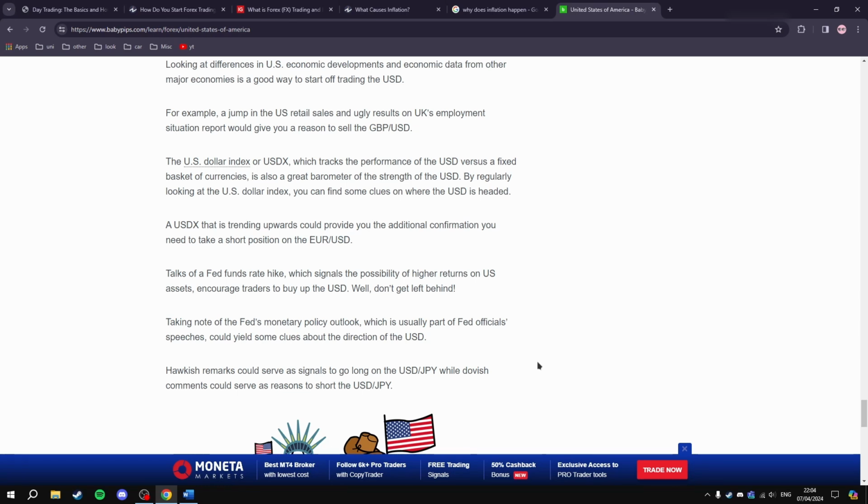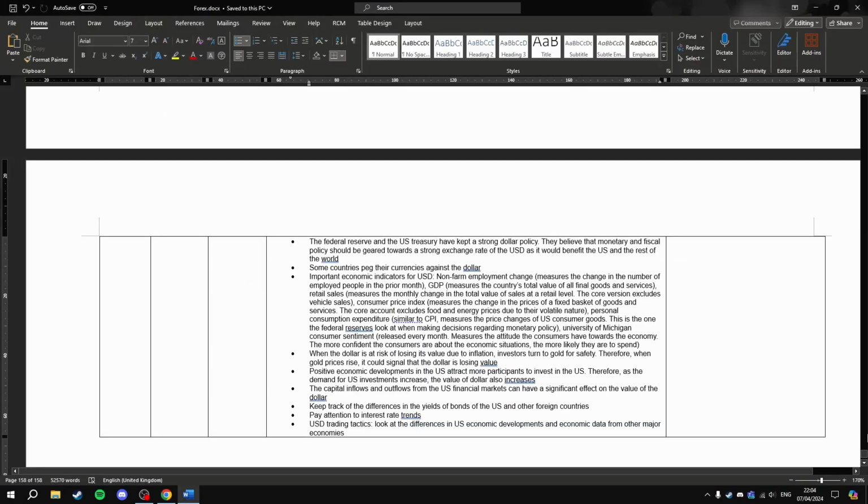If they're willing to spend more due to their confidence in the economy, that means the economy is doing well. So people are less inclined to save their money and rather spend it. We've done this before. What was the reason?